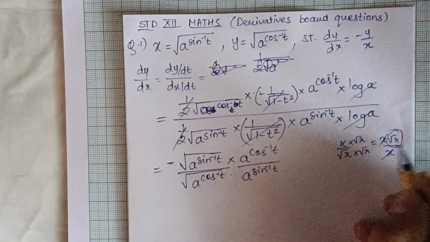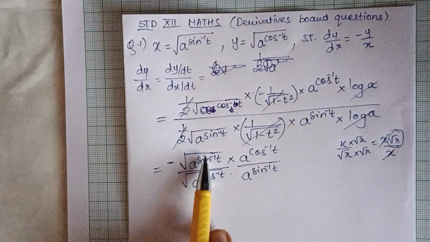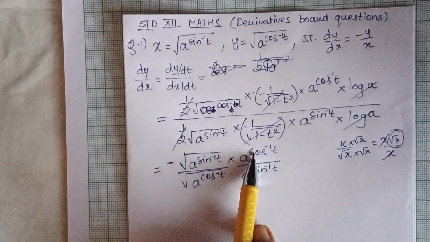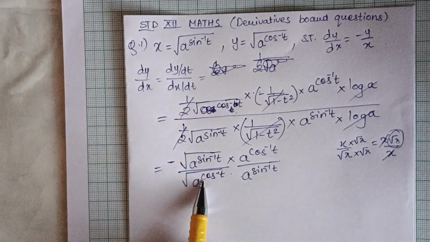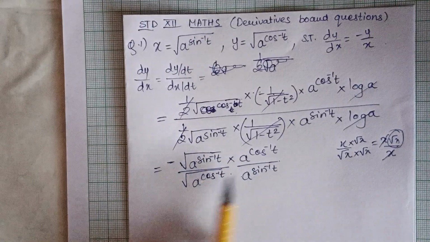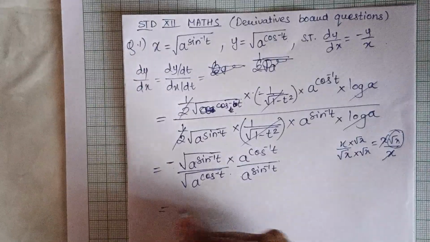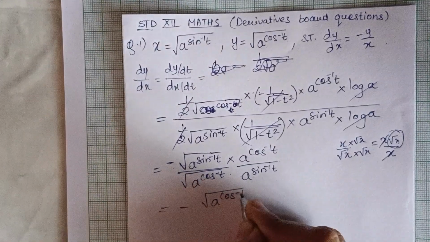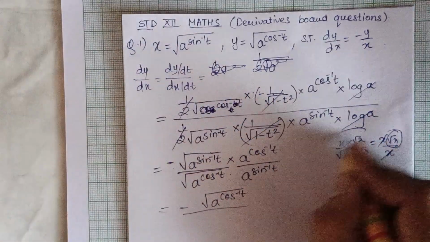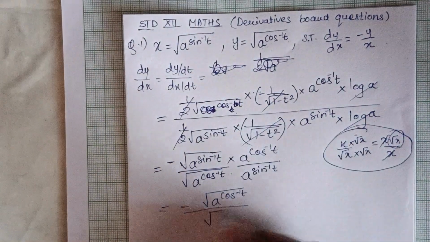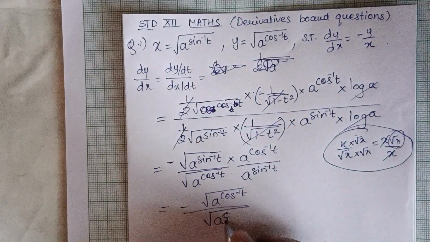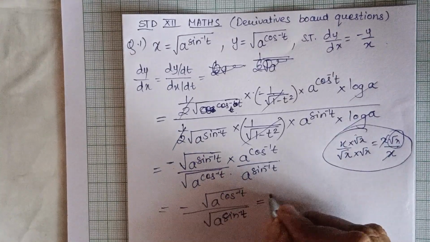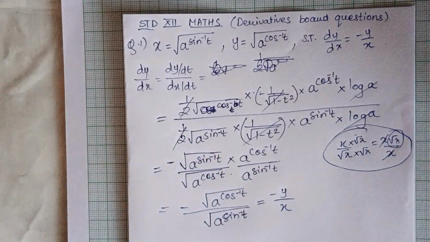So root x upon x, or x upon root of x is there. So this will be root of a raised to cos inverse of t. Same way in the denominator, you can apply this. Okay. So this becomes minus y by x.